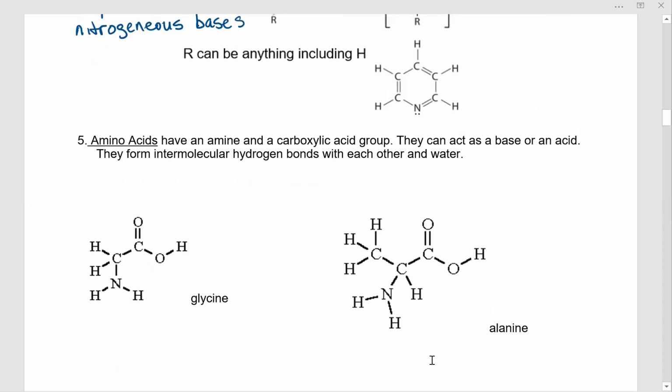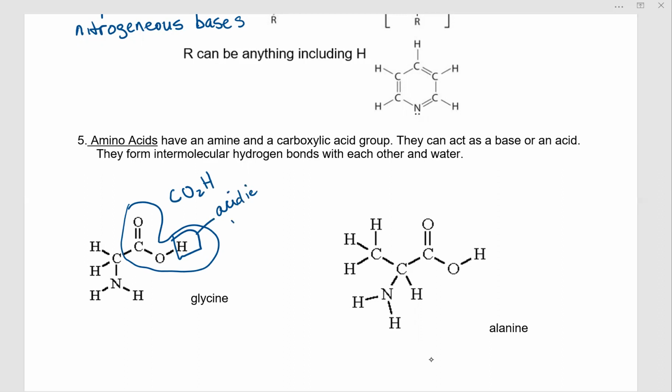Amino acids have an amine and a carboxylic acid group, meaning they can act as both an acid and a base. They form intermolecular hydrogen bonds with each other and water. So if we look at this drawing here, here we have our carboxylic acid group. That's our acidic hydrogen. Let's find it on the other molecule. There's alanine. There's our acidic hydrogen.